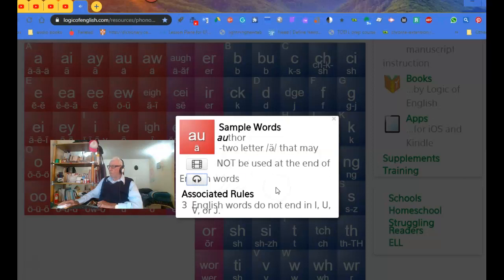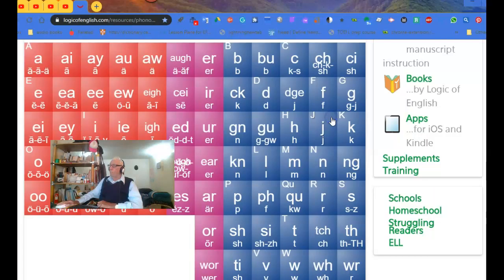Again, they repeat the associated rule, where English words do not end in I, U, V, or J, and since this ends in a U, it's not used at the end, but it's in the beginning of this word, author. You know what an author is, it's somebody who writes books. Okay, let's go to the next one.